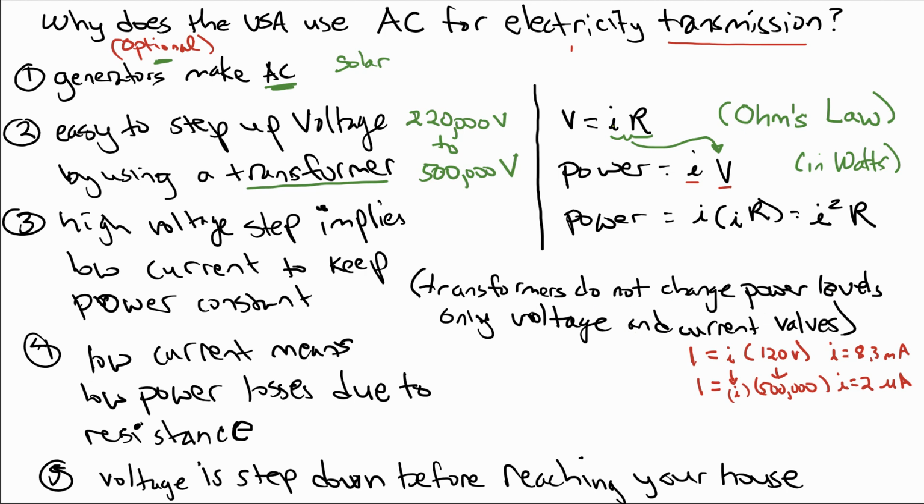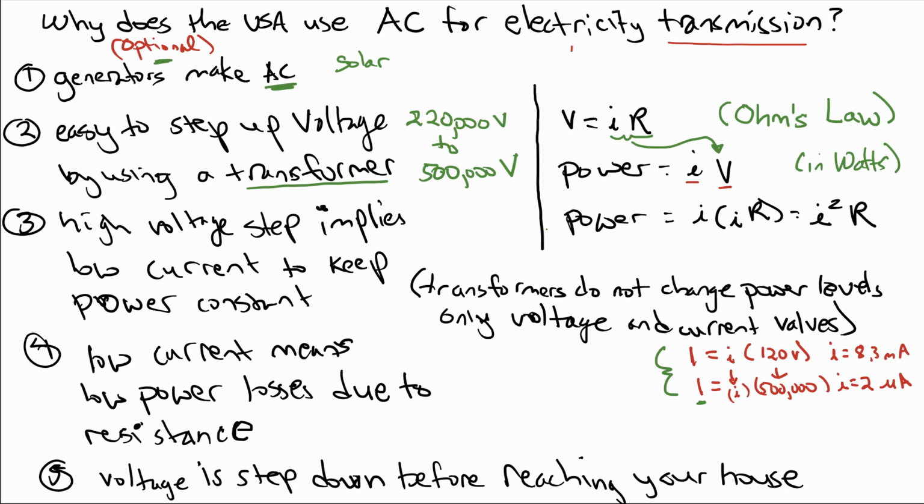So previously I told you that the power is equal to the current times the voltage, okay? And so in this situation right here, I'm saying if we had a power of 1 and we had 120 volts, that implies a current of 8.3 milliamps. But if we change the voltage to 500,000, but the transformer is not affecting the power, then the current's around 2 microamps, okay? So it's a lot less current.